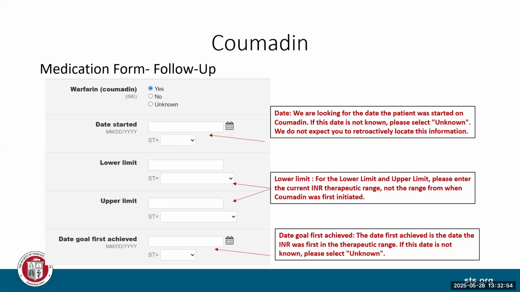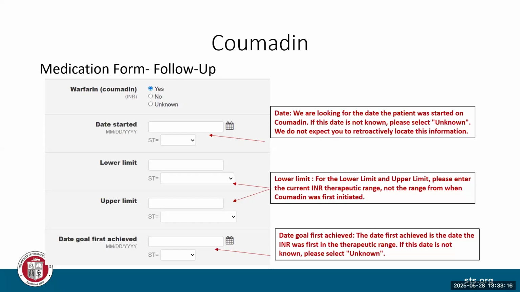All right, John. So the date they got into therapeutic range during the follow-up period or since they started. If we're talking about the follow-up period and the current range, we're looking at when they first got into that range.